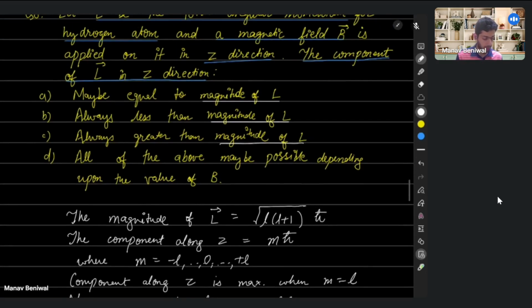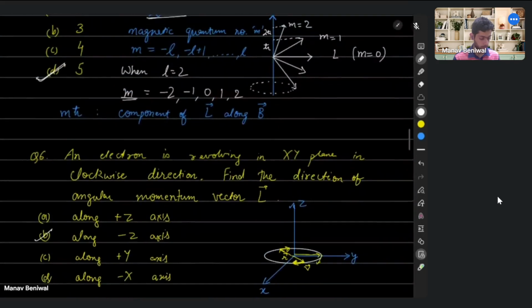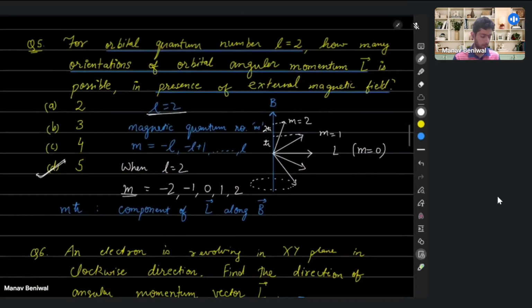So which matches with our option B. Okay. So now if we go back to the previous problem, question number 5. Here, if you see, L was given as 2, so this is a d electron.